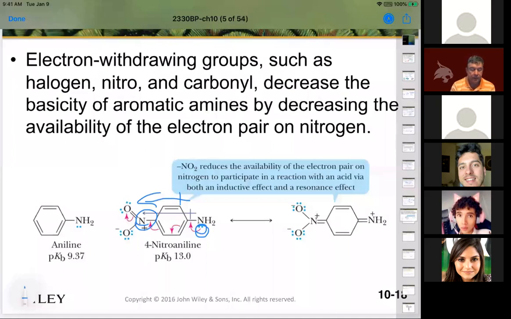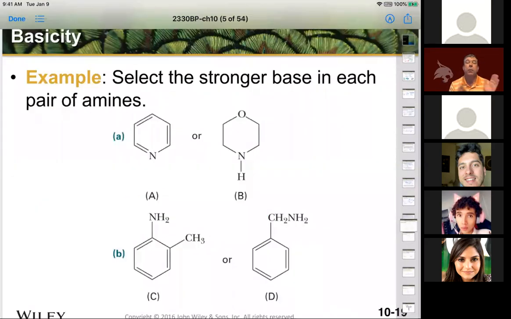Okay. So let's take what we just learned about aromatics and aliphatics and apply that to just looking at what we think is the more basic one of the set here. So in the case of number 1 right here, is A or B the stronger base? Go ahead and put it in the chat.